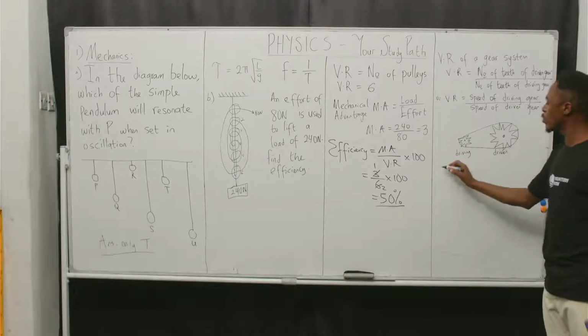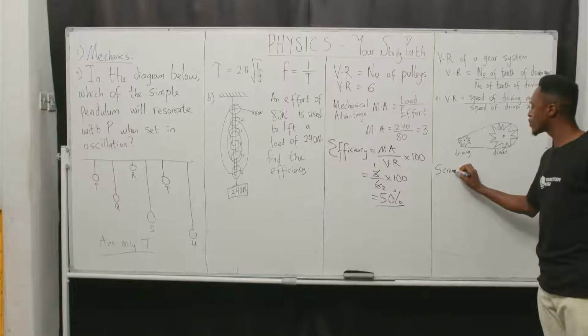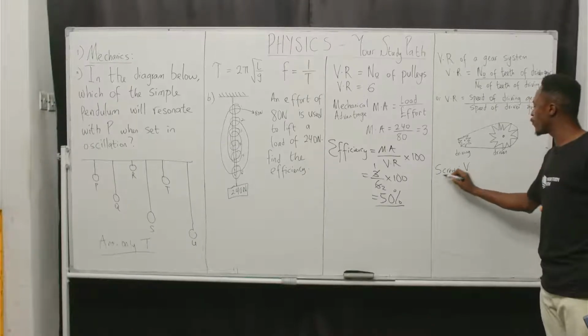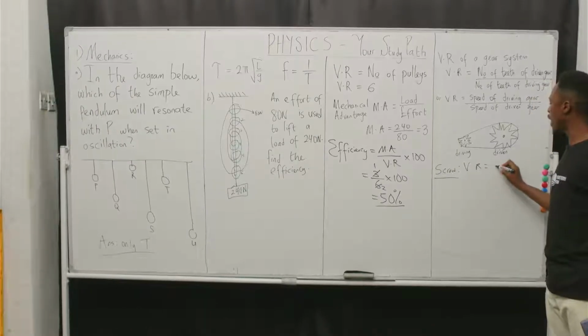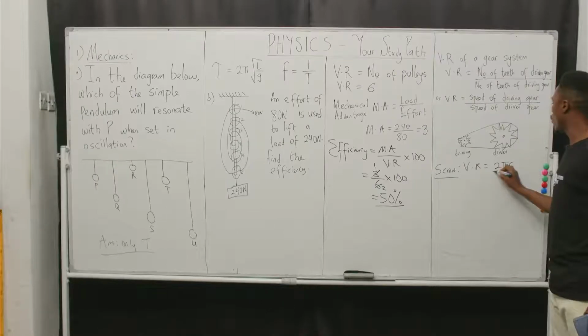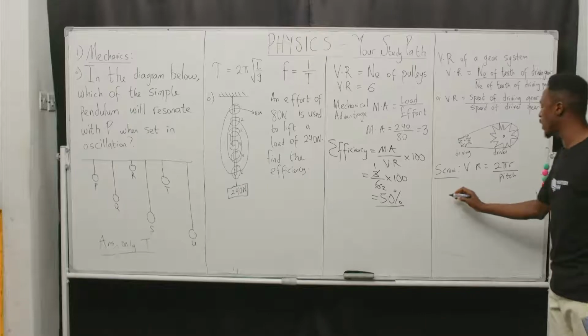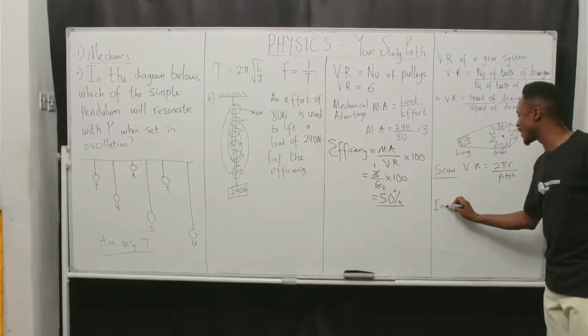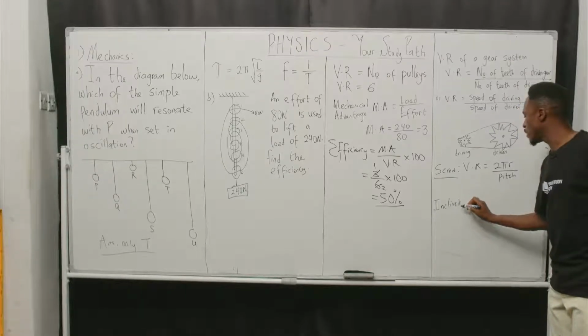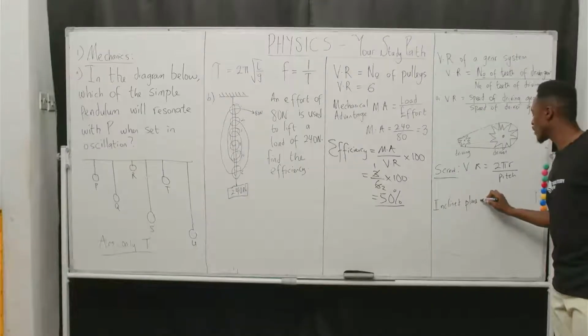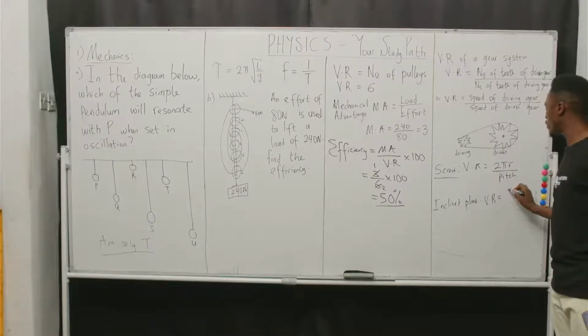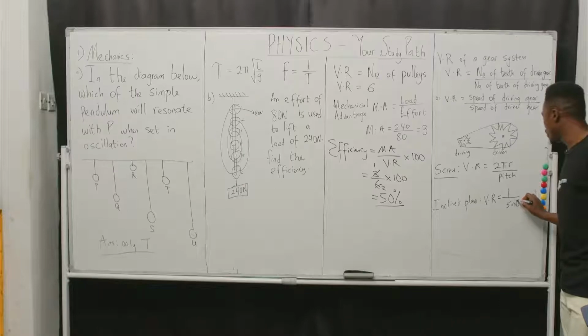You can talk about a screw. The VR for a screw is given as 2 pi r over pitch. Similarly, when we make reference to an inclined plane, the velocity ratio is simply 1 over sine theta.